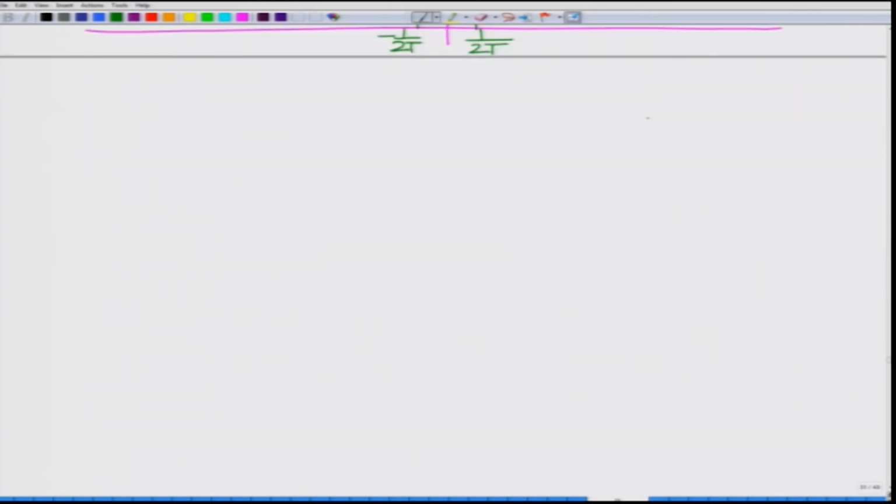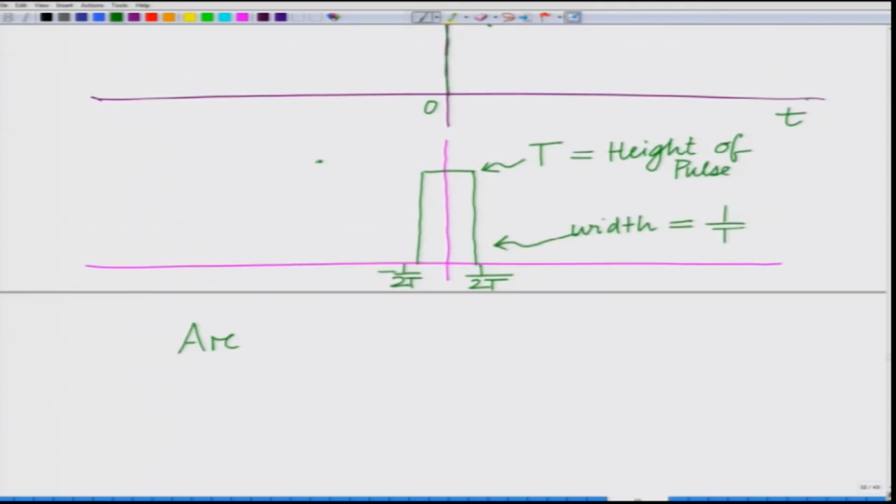So, let us denote this pulse by delta sub capital T of t.